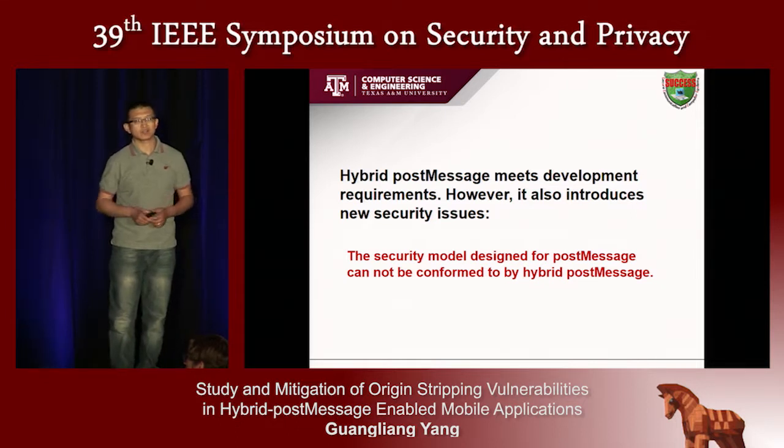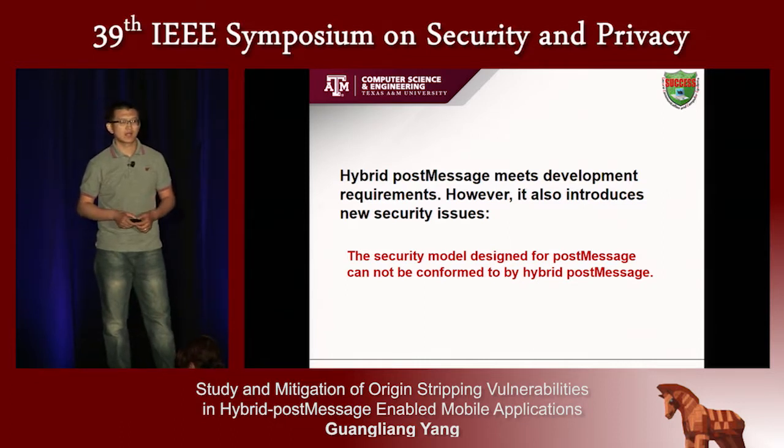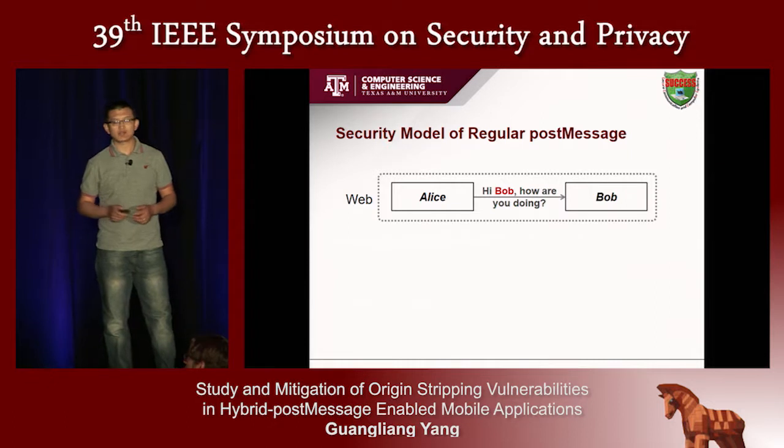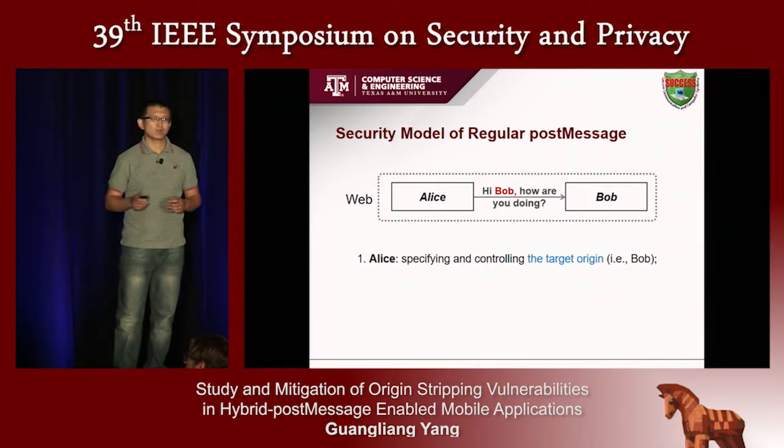However, it also introduces several serious security issues. The security model designed for post-message cannot be conformed to by hybrid post-message. In this picture, I will introduce the security model of post-message. Here, Alice is sending a message to Bob.